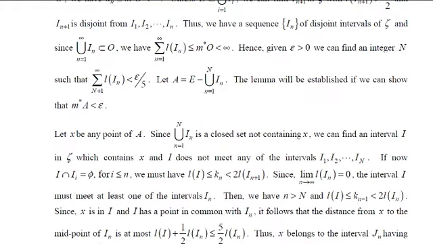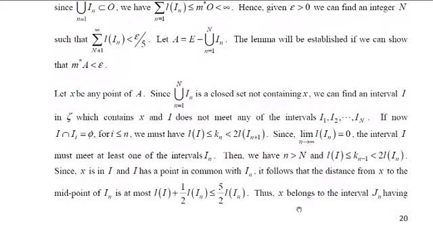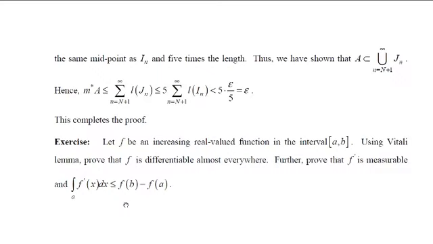Therefore, the distance from x to the midpoint of In is at most this, because In and I have a point in common. Thus, x belongs to some interval, say Jn, having the same midpoint as In, and the length of Jn is 5 times the length of In.